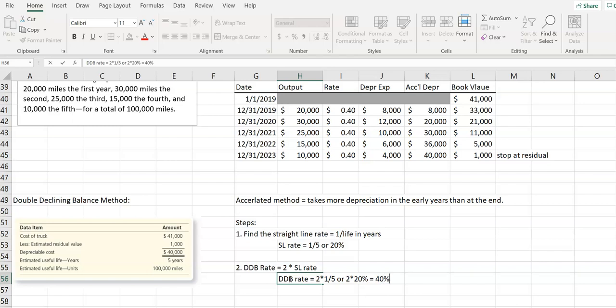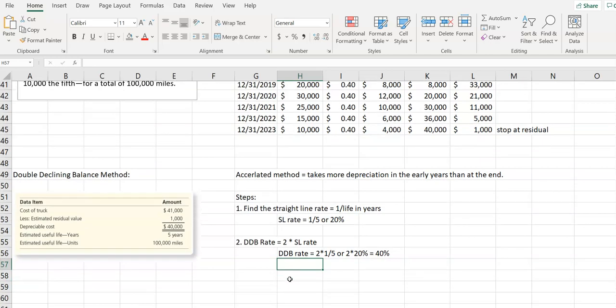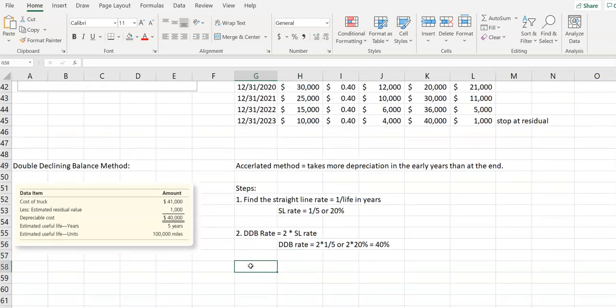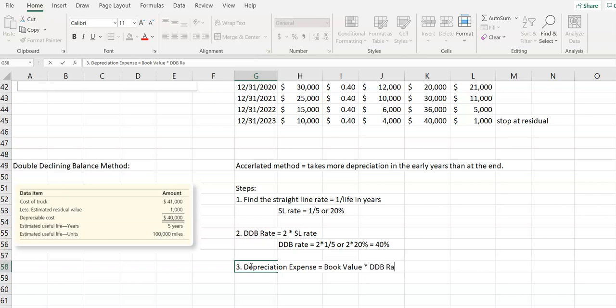Then finally, depreciation expense equals book value, not depreciable cost, but book value times the double declining balance rate.